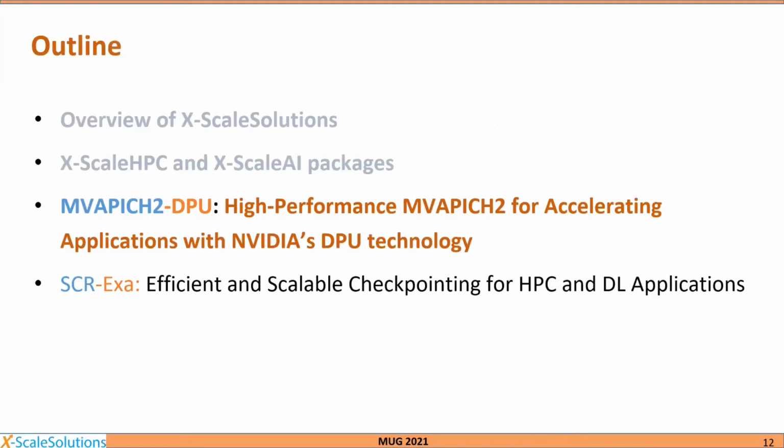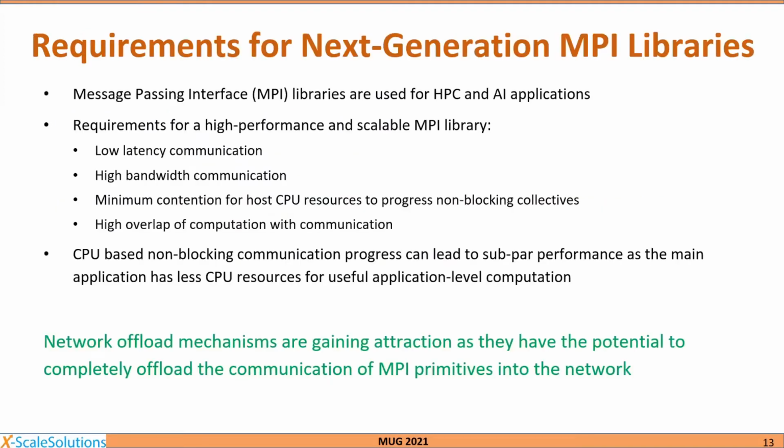Now let's start focusing on the two new products we're trying to discuss. The first one is the MVAPICH DPU. As we know, MPI is the dominant library used in HPC as well as AI applications for communication.